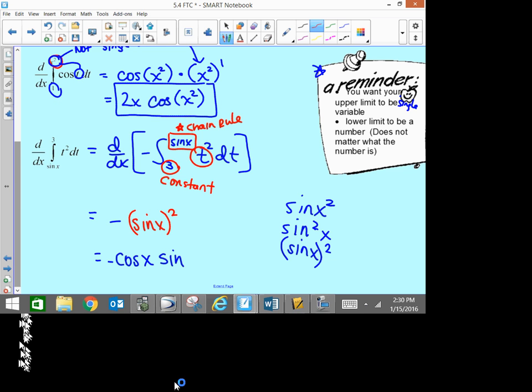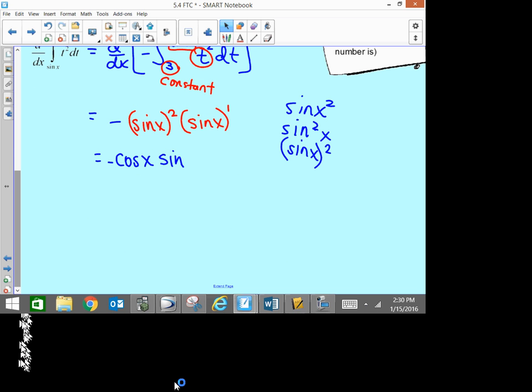And where does this cosine x come from? Derivative, because sine of x is not a single variable. There's a chain rule application there. And the derivative of sine is cosine, right? Not negative cosine. The cos have the negative derivatives, right? So this would be cleaned up, nice.